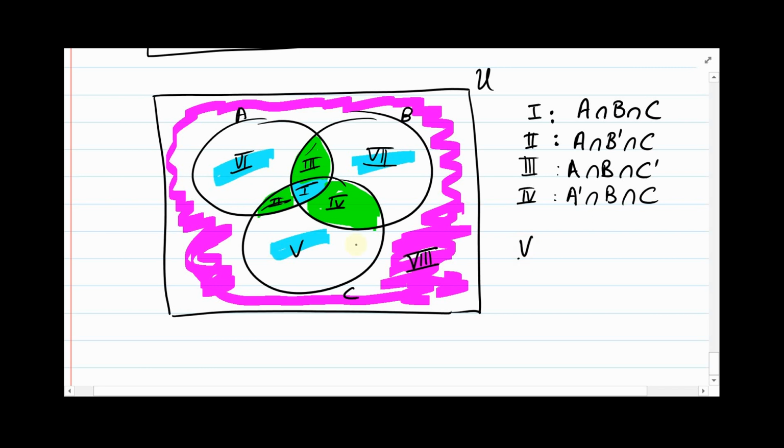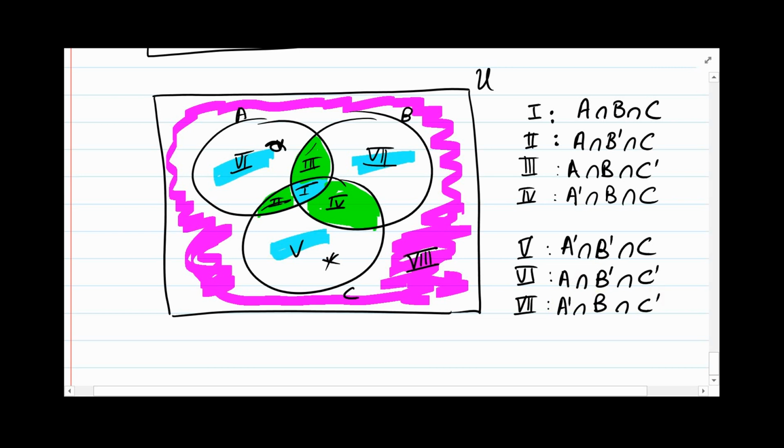Alright, so region 5, which is here, I am not in A, and I'm not in B, and I'm in C. Region 6, which is there now, I am in A and not in B or C, so in B complement and in C complement. Region 7, similarly, you're only in B, or another way of saying that, I'm not in A, and I'm in B, and I'm not in C.